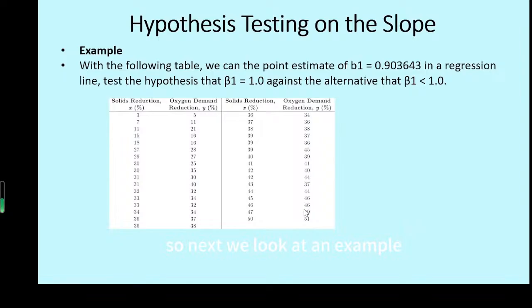So next we look at an example. With the following table of data for x and y, we can get the point estimate of b1 in the linear regression, which is 0.90. The question is to test the hypothesis that beta 1 equals 1.0 against the alternative hypothesis that beta 1 is less than 1.0.